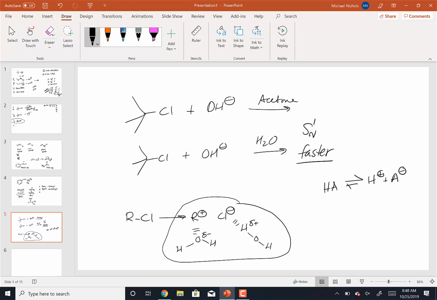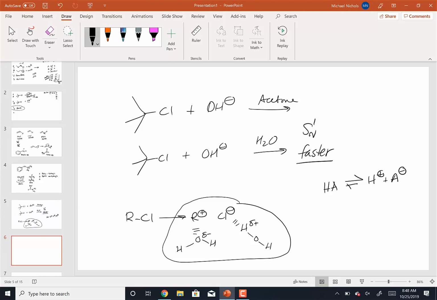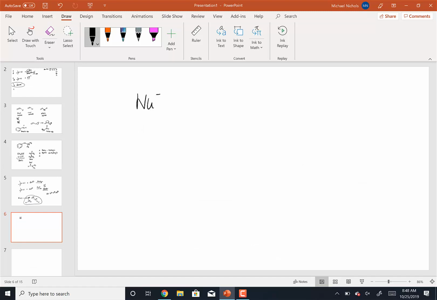What happens in an SN2 reaction? In an SN2 reaction, I've got this nucleophile trying to get to this carbon to kick off the leaving group. What does the protic solvent do then? It solvates the nucleophile really well.